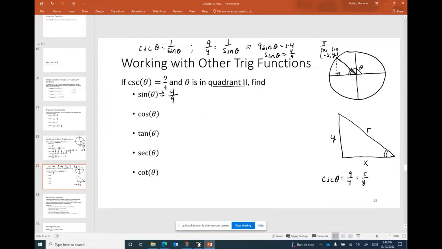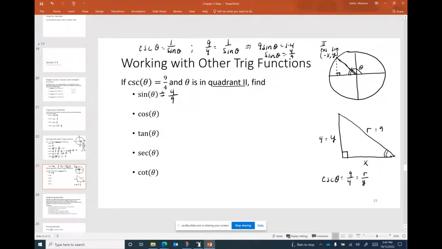We can say this is just some triangle that has a radius of 9, and this vertical leg has a length of 4. Since we dropped a perpendicular here, this is a right triangle. And what's the most common theorem that's used on right triangles? It's the Pythagorean theorem, which says that leg squared plus leg squared equals hypotenuse squared.